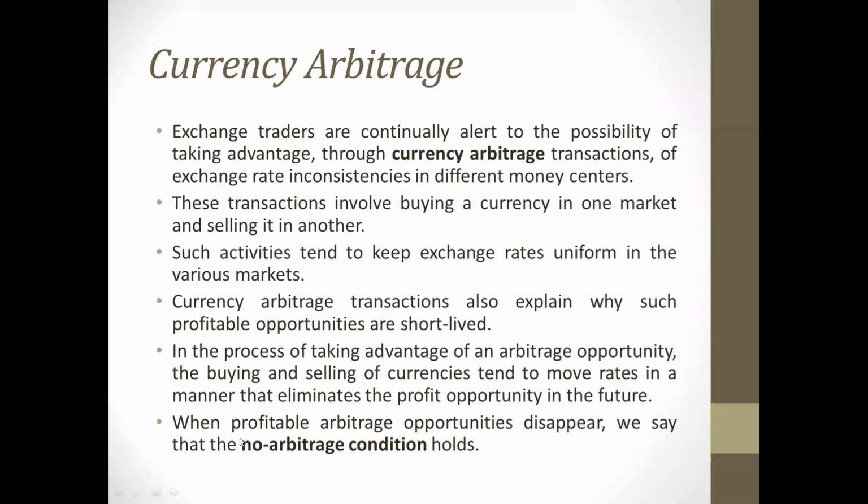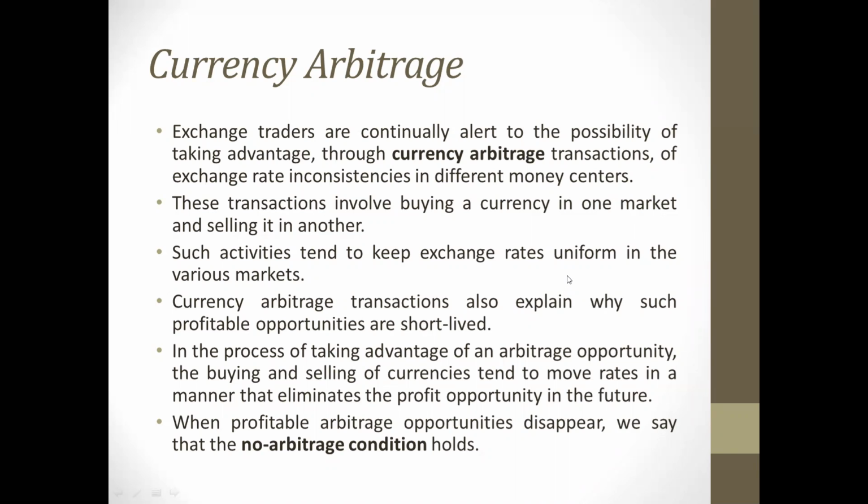That is why, when profitable arbitrage opportunities disappear, we call that the no arbitrage condition. Therefore, you cannot see any such transaction between traders where exchange rates are low and high. That is what happens in the spot market.